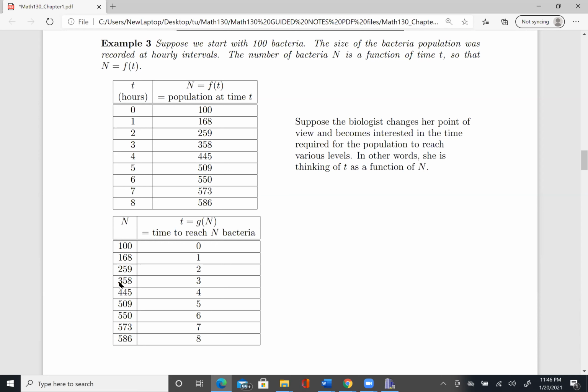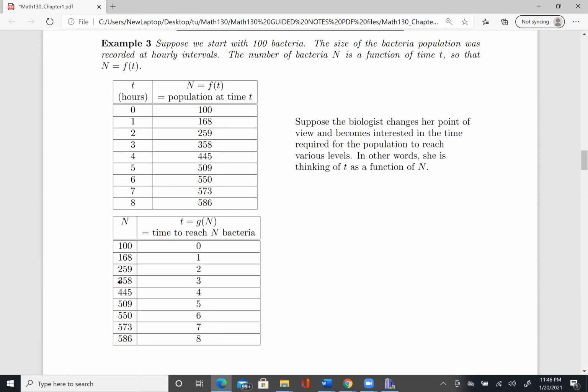This is a table. Suppose the biologist changes her point of view and becomes interested in the time required for the population to reach various levels. In other words, she is thinking of t as a function of n.